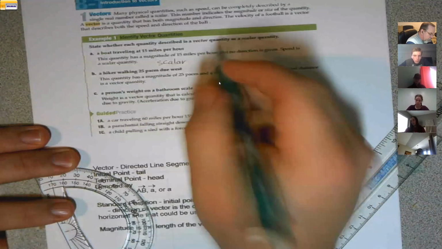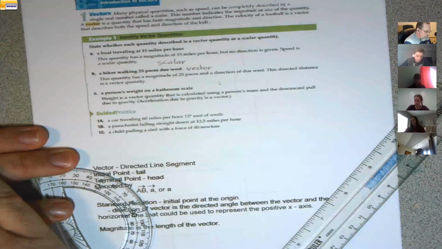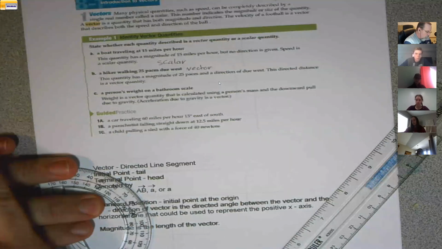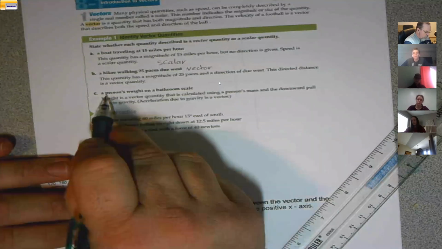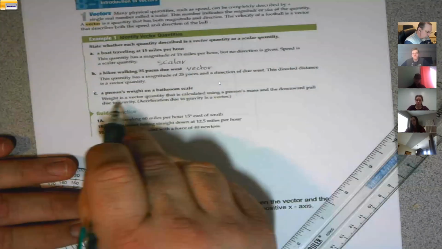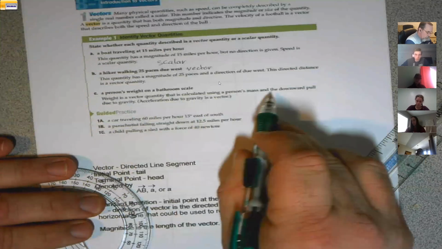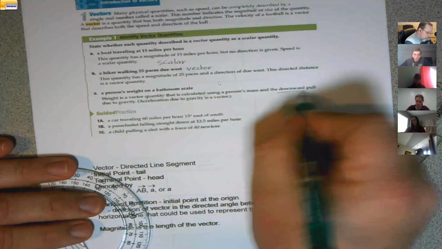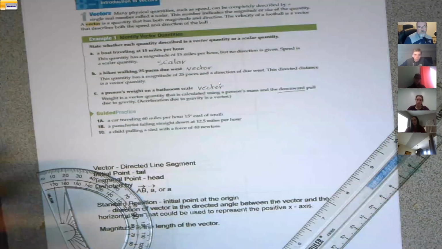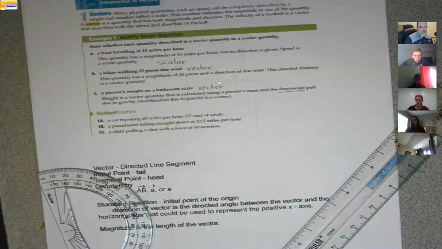That's going to be a vector because it describes both magnitude, in this case 25 paces, and has a direction. This is the tricky one: a person's weight on a bathroom scale. Weight is a vector quantity that is calculated using a person's mass and the downward pull, so that's kind of the key there, due to gravity. So this is actually a vector, even though it doesn't specifically give a direction. We know if you weigh something, the direction is down.